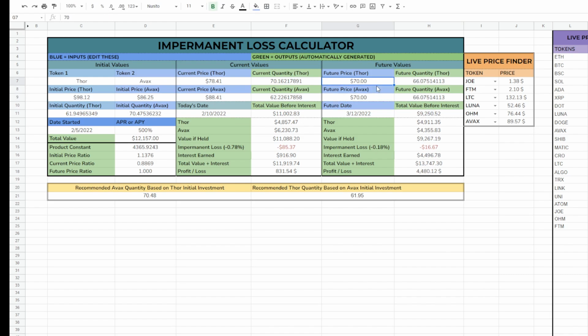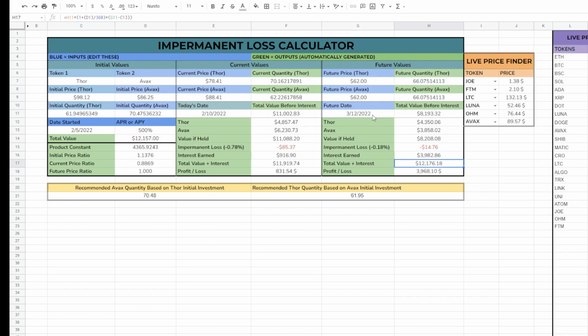As long as that interest rate is in place, we can bring things down quite a bit, to almost around $60 a token, maybe 62. Looks like around 62.